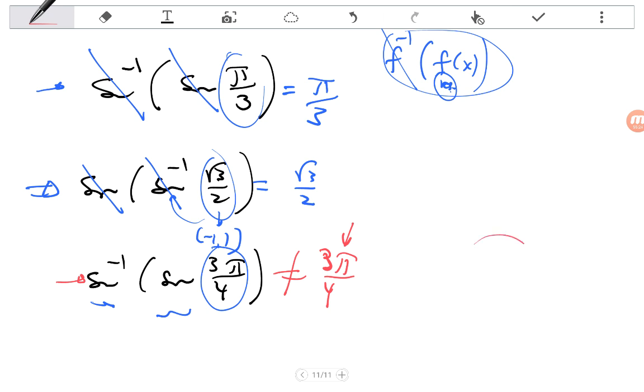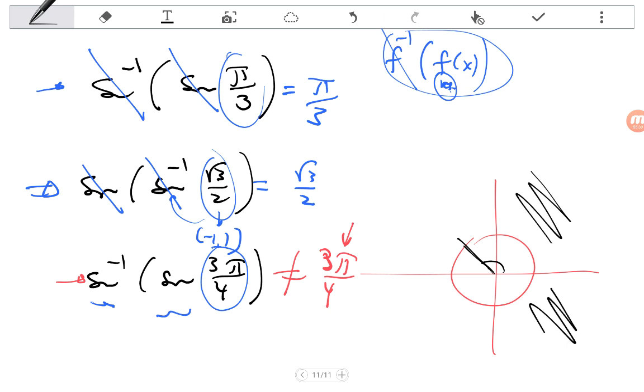But what angle would it give me? Now this 3 pi over 4 is this angle. Remember that the sine inverse is an angle which is in this quadrant or this quadrant.